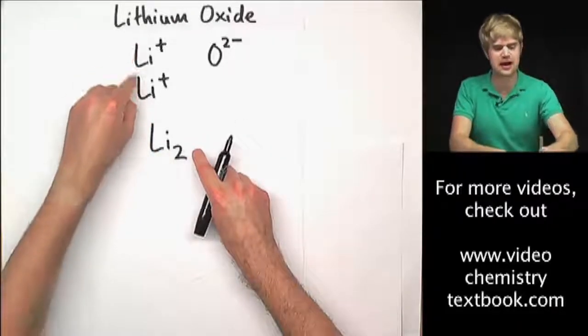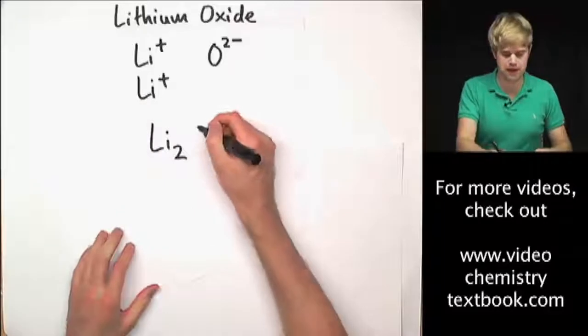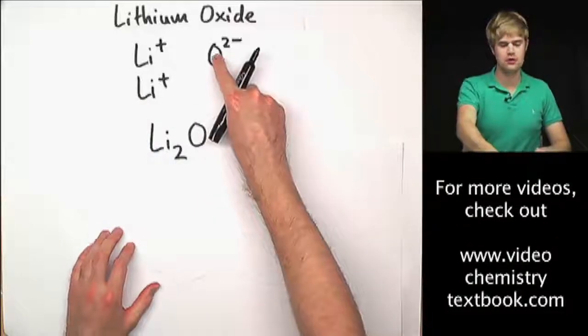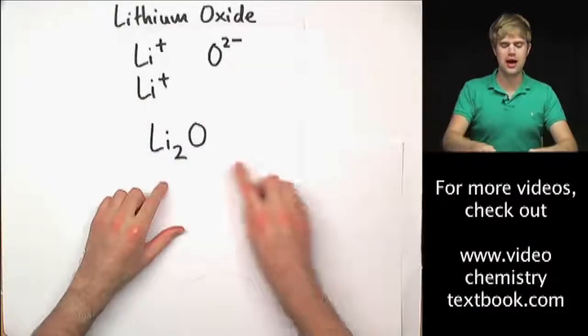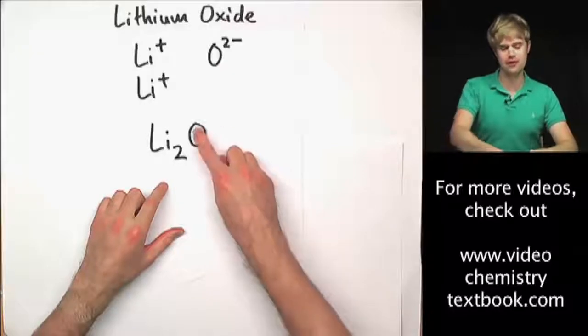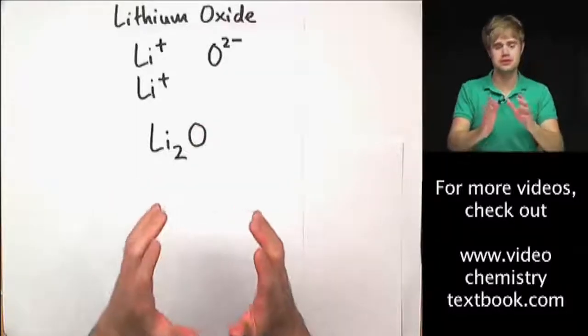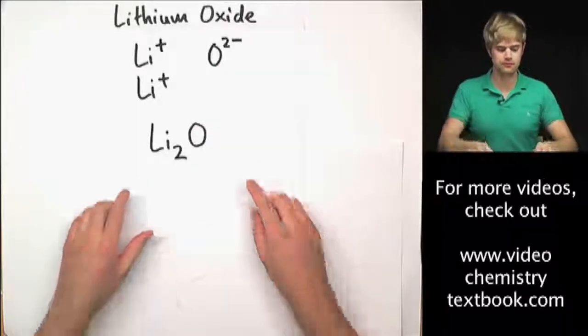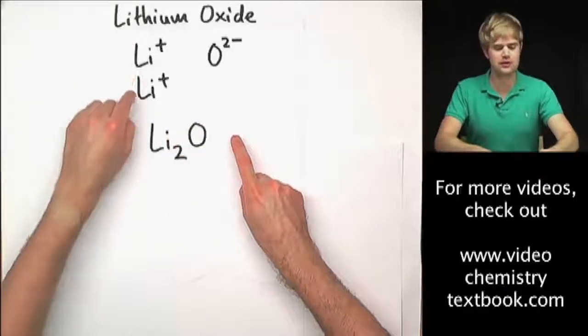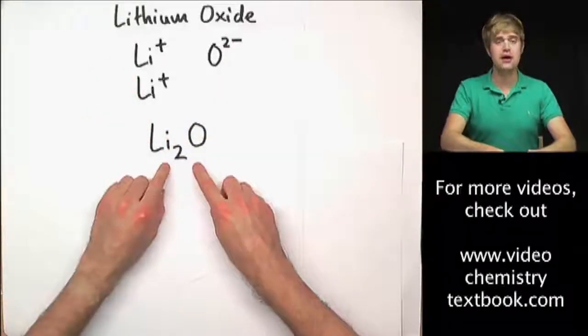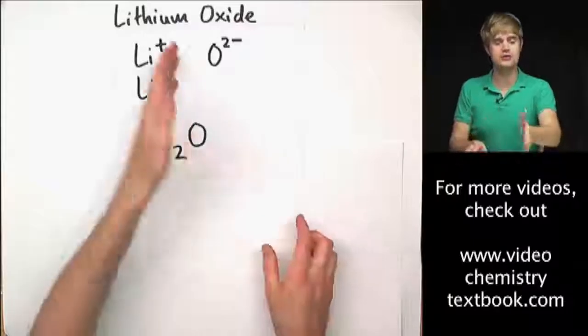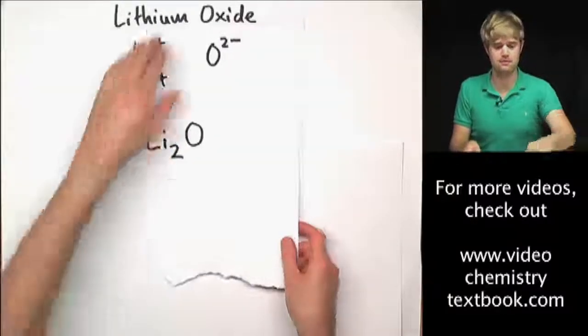That indicates that I have 2 lithium atoms. And then 1 O to show that I have 1 oxygen, and I'm not going to write anything after that. If you have a letter without anything after it, it means that you just have 1 of them. So lithium oxide, 2 lithiums and 1 oxygen, is how we get the charges to balance for this compound.